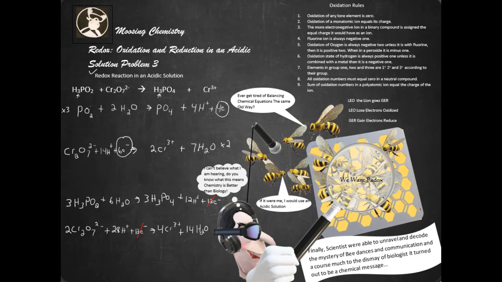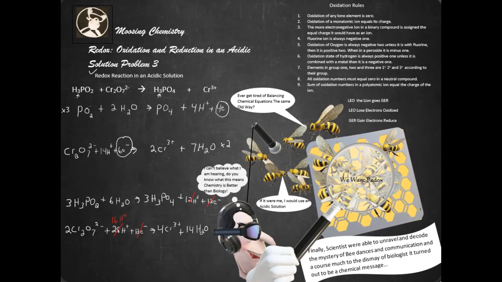I have 12 hydrogens on this side, right? So what I'm going to do is reduce that. I'll take that 12 hydrogens on this side and take that away from here to get 16 hydrogens now. See that? 16 hydrogens there.